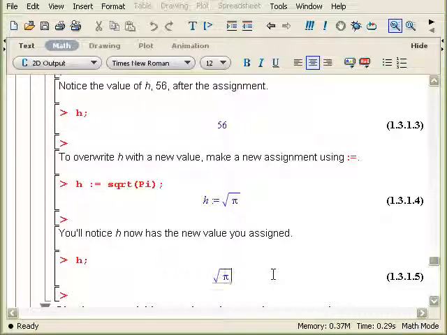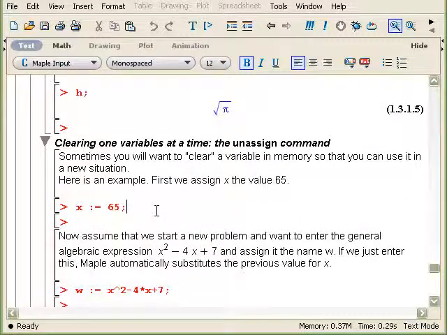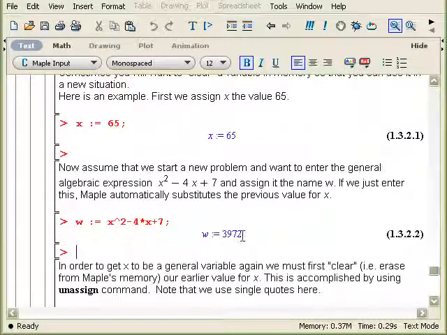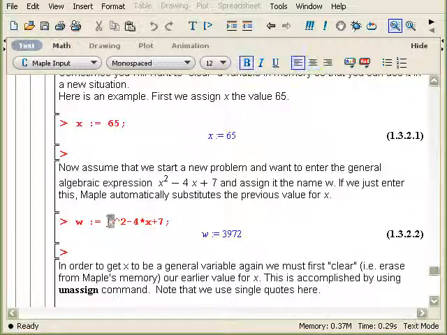How about just removing that assigned number or equation without reassigning a new number? For example, X is 64, then W will be 3972 because it understands X is 65, so it calculates 65 squared minus 4 times 65, something like that, right?